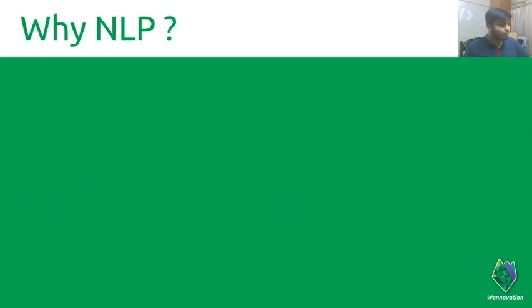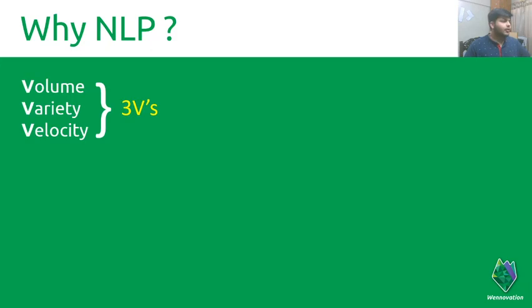Okay, so let's begin. So why NLP? In the past, you might have heard of these three V's, which are volume, variety, and velocity. Any data which has volume, which means it's in large quantity, or variety, which means the data has distinguished classes, it's a very big data set coming from various sources, and then velocity, which means how quickly data is being generated.